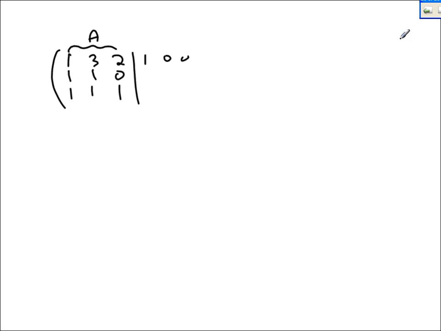I want to find the inverse of A, and I augment it with the 3 by 3 identity matrix. If the matrix to the left was 3 by 8, you stop right then and there, because you can only take the inverse, possibly, of a square matrix. If it's not square, you're not getting an inverse.